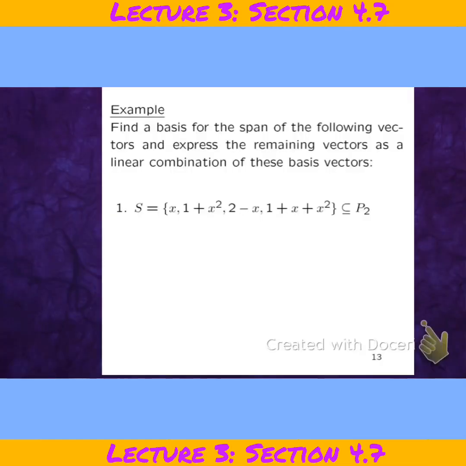Alright, so here they ask us to find the basis for the span of the following vectors and express the remaining vectors as a linear combination of these basis vectors.